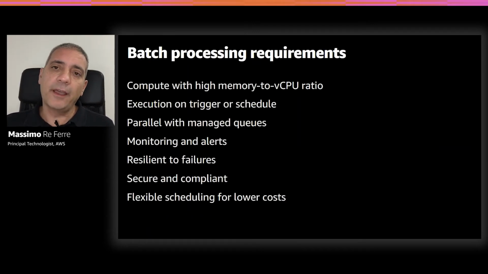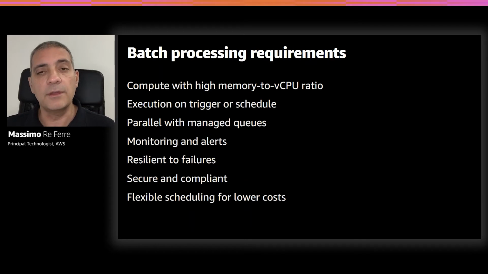These are some of the characteristics or what these workloads require. So usually these workloads have a very high memory to CPU ratio, and this is very important when you need to go out and grab capacity to be able to run those workloads. So the scheduler and the things that you have managing those type of jobs need to understand all of these things.